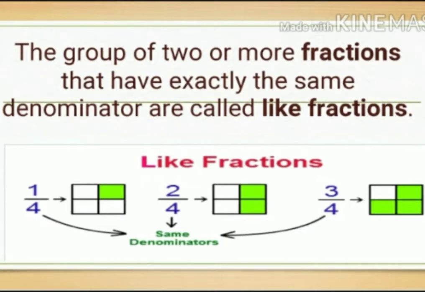If I write 1 by 4 and ask you, is it a like fraction? Will you be able to answer? No. We need 2 or more fractions, then only we can compare whether their denominators are same or not, right? So the group of 2 or more fractions that have exactly the same denominator are called like fractions.